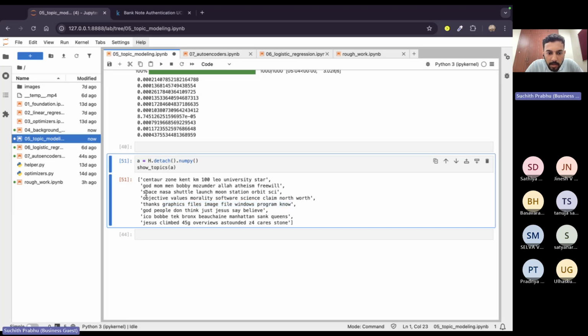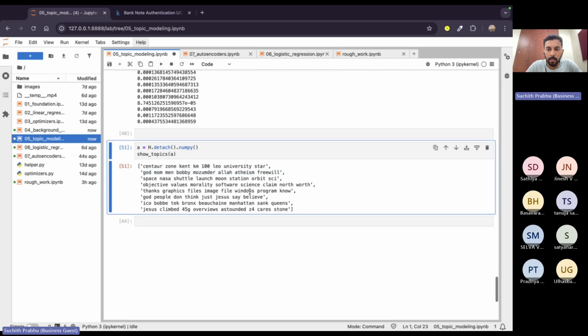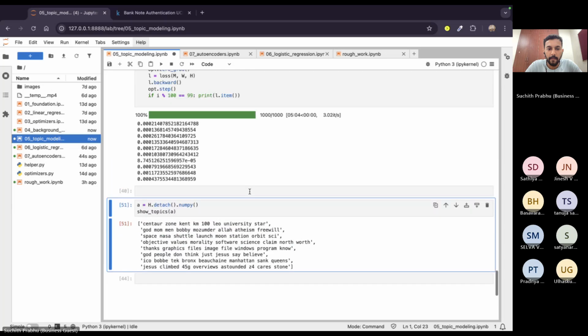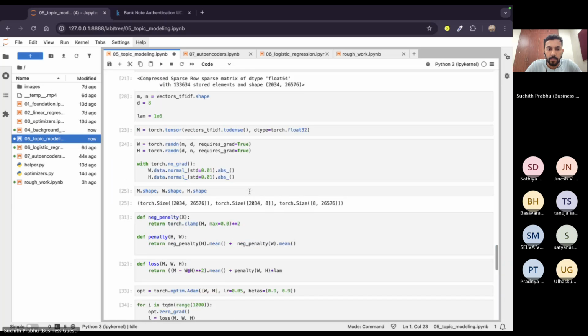This is about space. This is again about space. This university as well, I don't know how that came in, but after that again religion. So you can see you are able to again recover the topics.